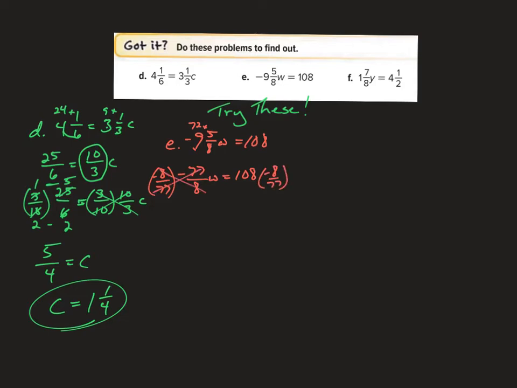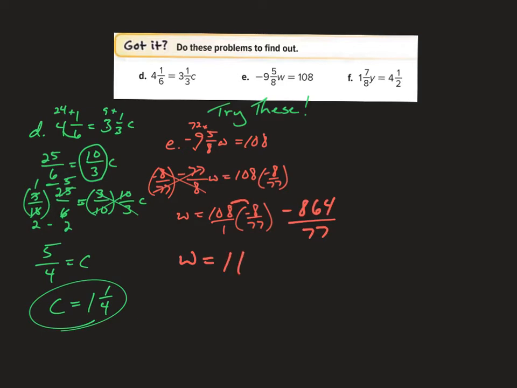This side cancels. And I'm left with W equals 108 times negative 8 over 77. Now this is a really large value, so you want to use your calculator here. And 108 times negative 8 is negative 864 over 77. And now I have to convert this to a mixed number. And by dividing, I know that 77 goes into 864 11 times.